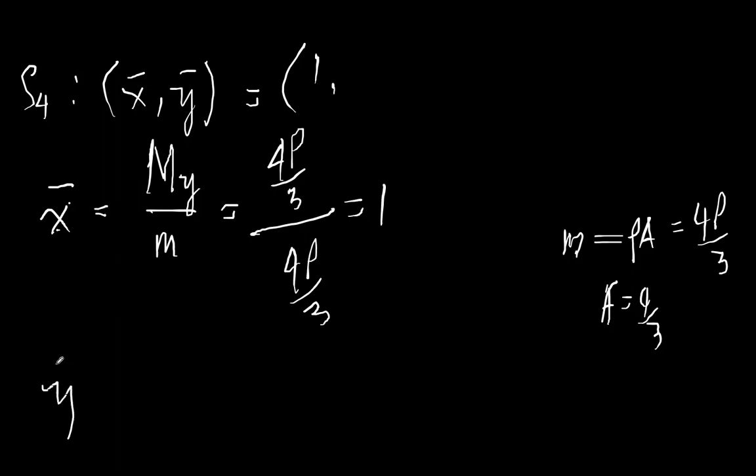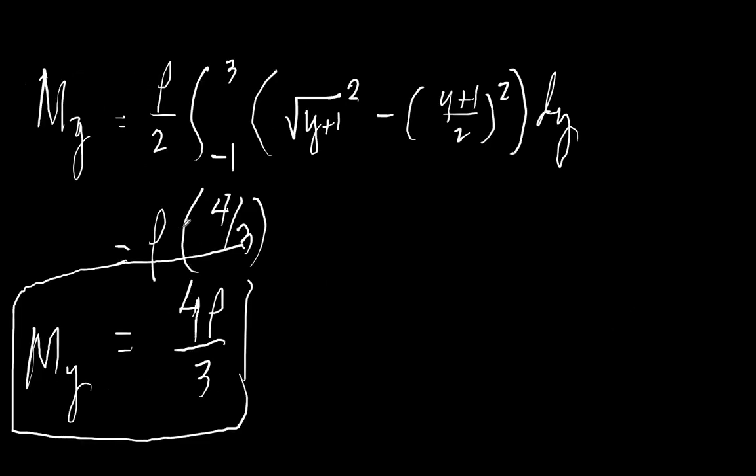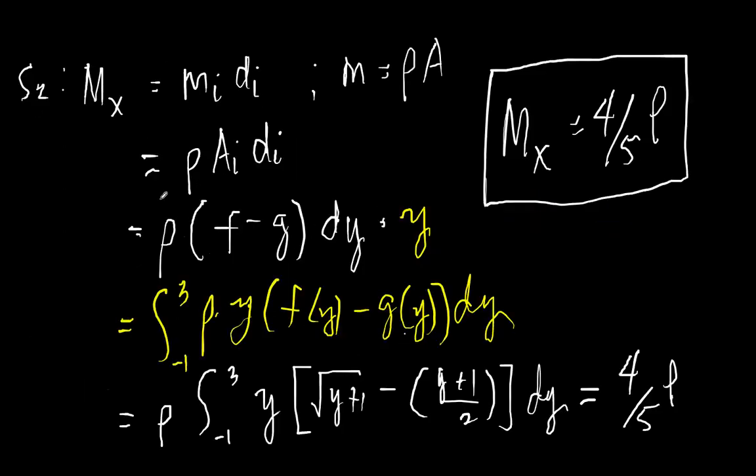And for the y bar, or the ordinate of the center of mass of the lamina, we have m sub x over the mass. The moment m sub x is equal to 4 rho over 5.